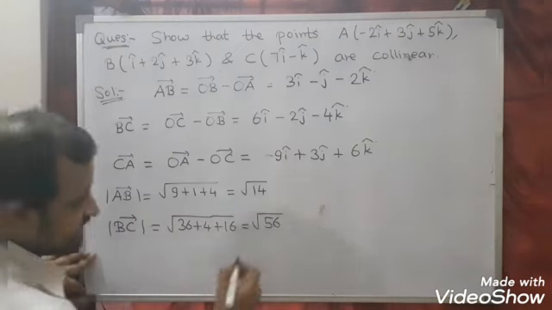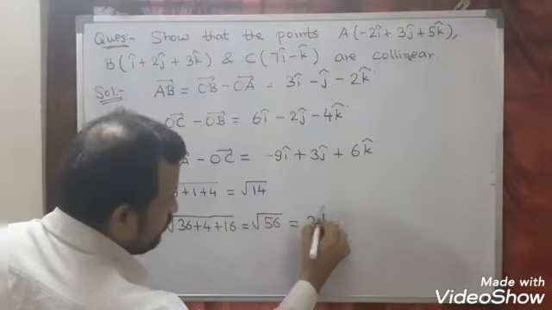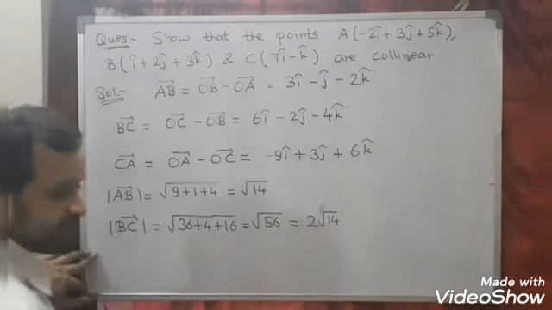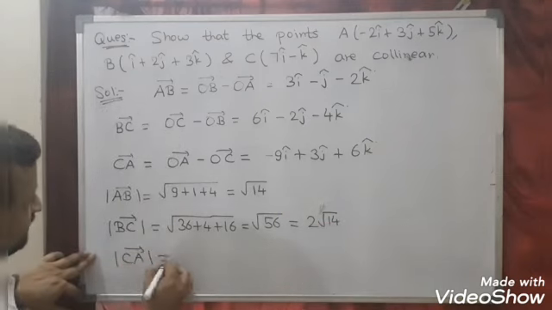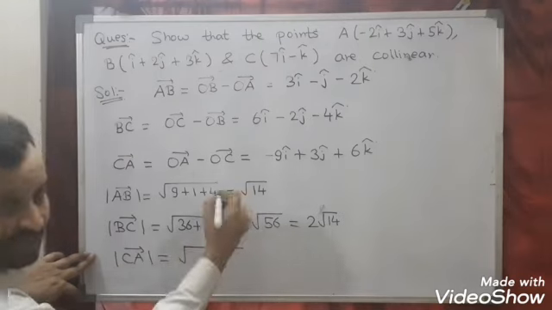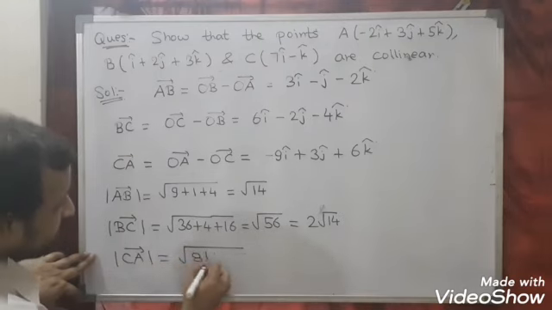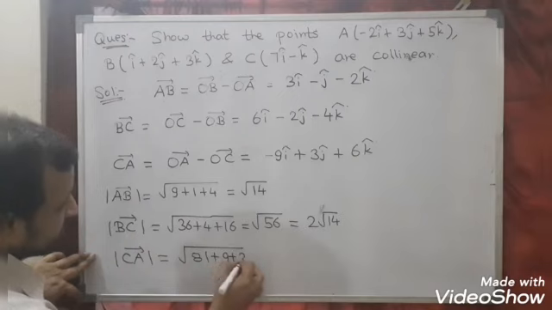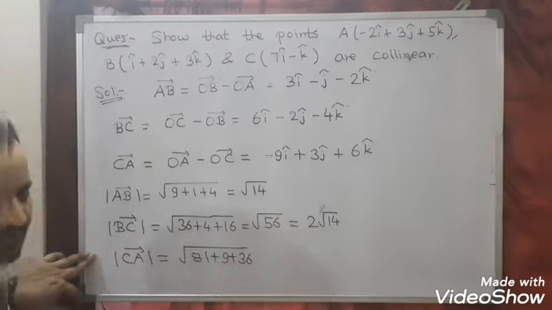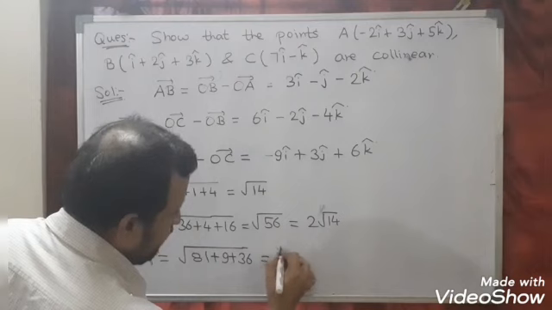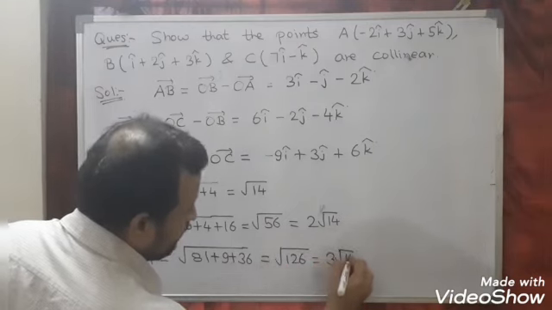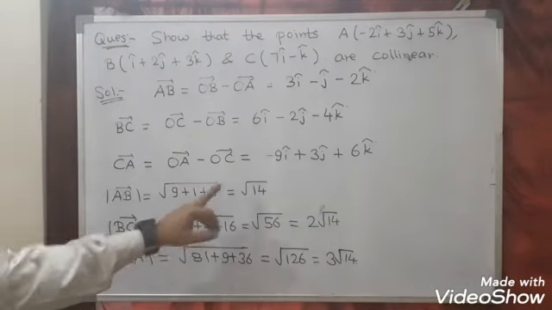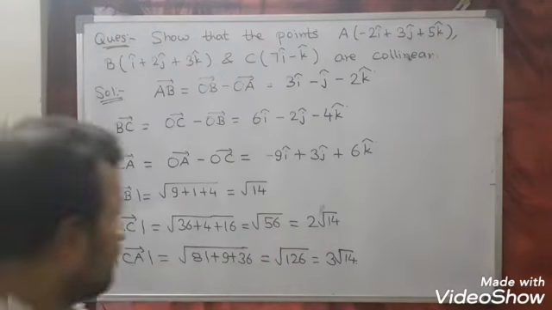Root 56 we can write as 2 root 14. Similarly calculate mod CA vector. Minus 9 square, 81 will come, 9 will come, 36. So 90 plus 36 is square root of 126, which we can write as 3 root 14. So root 14, 2 root 14, 3 root 14.